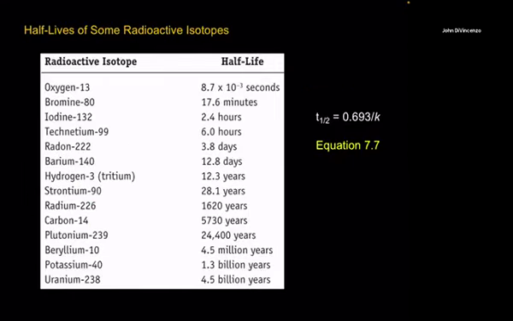These are half-lives of some radioactive isotopes. There's uranium-238. We'll talk about that when we talk about nuclear fission. 4.5 billion years. Of course, we can just do the math to figure that out. We don't have to have been around that long to do it. We can just do the calculation, right? And then there's some that are ridiculously short.